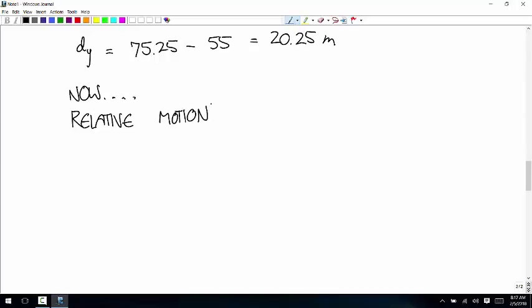Who remembers what relative motion is? Yes, it's that one, and we had the equations where we used that little memory trick of the fraction multiplication. Remember? Okay.